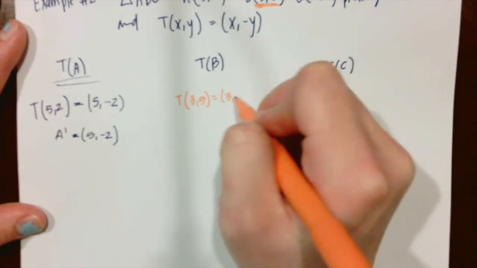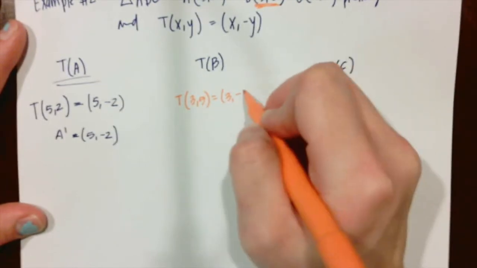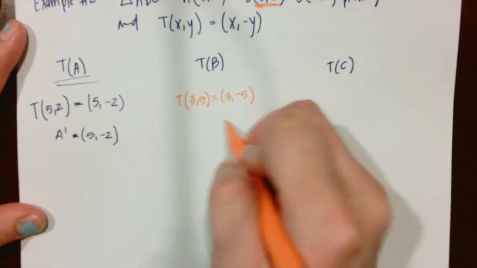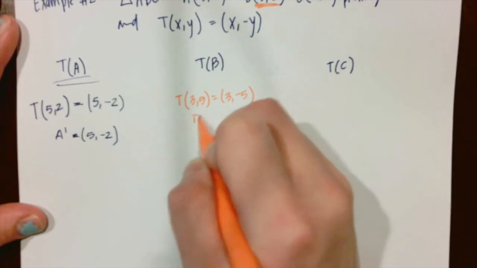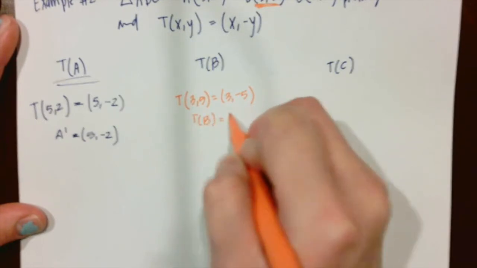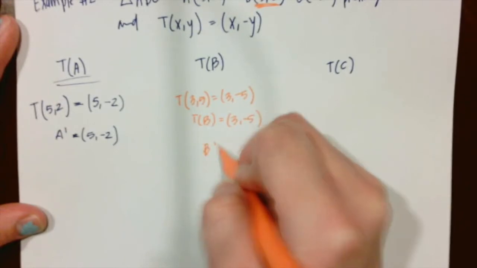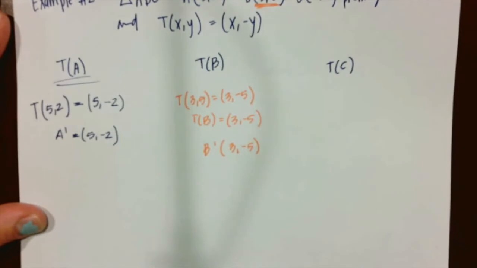My x value is 3, I bring a negative, and my y value was 5. So we end up with t of b equals 3, negative 5. Or we can just say that B prime is at 3, negative 5.